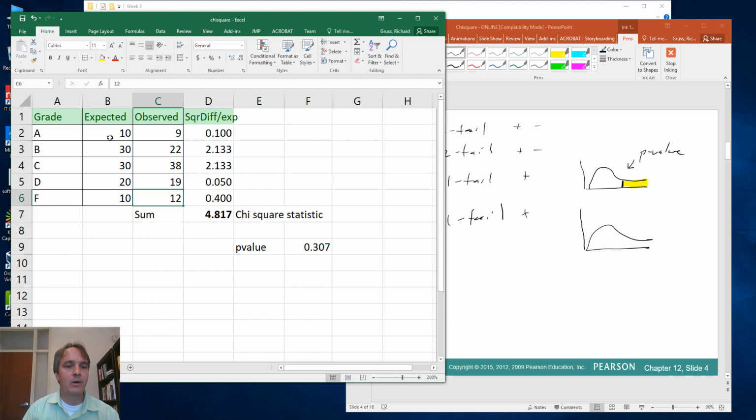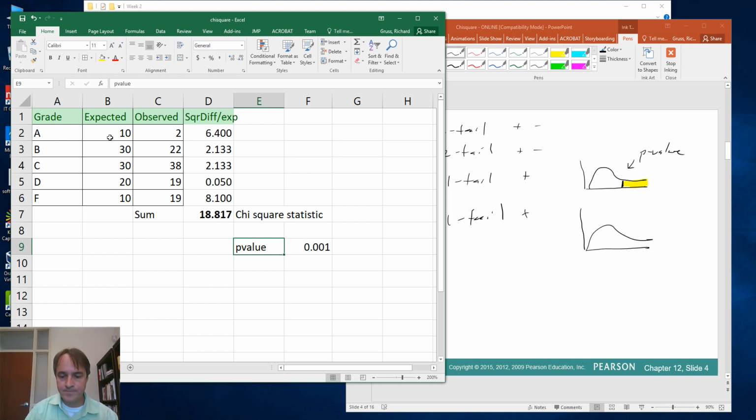However, what if I were to move 7 of these A's over to F's, so this is now 2, and this is now 19, we see that the p-value changed quite a bit. We've got a chi-square statistic that is much larger now, because the difference is much greater, and we got a p-value of 0.001. Therefore we would reject the null hypothesis that these two distributions are equal.